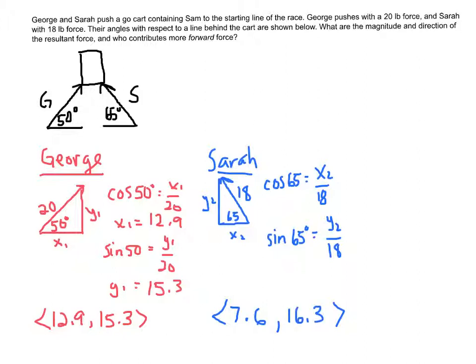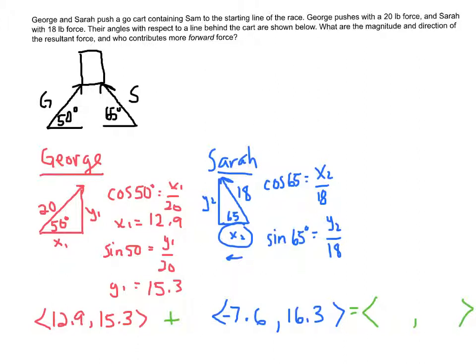So what we're going to do is we're going to add these two vectors together, and that's going to give us our resultant x and y component for the resultant vector. And one thing I'm noticing right now is that my x for Sarah should actually be negative because it's heading in the left direction, so that would be a negative value.